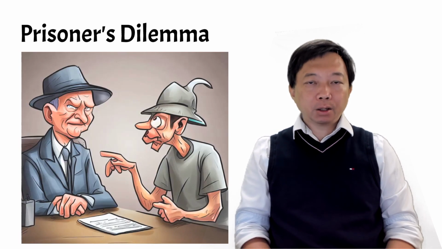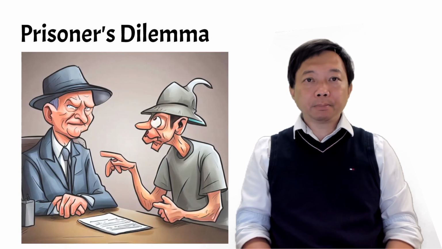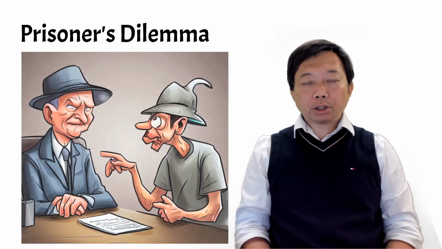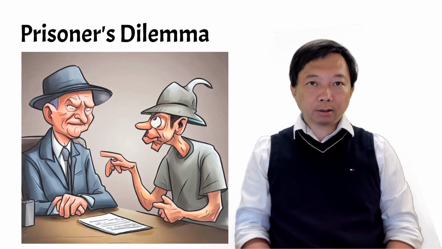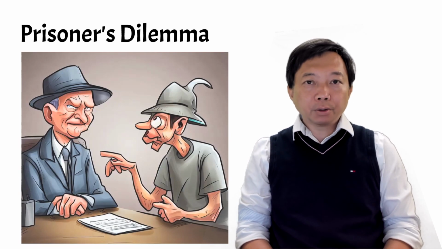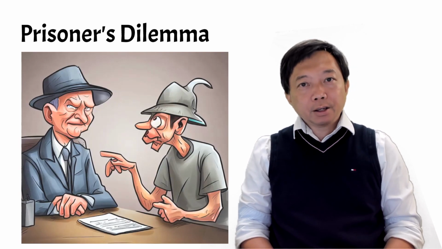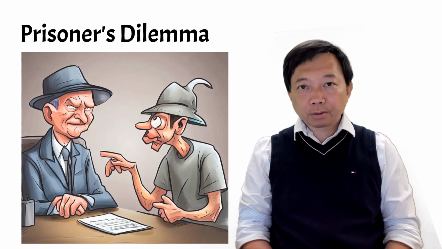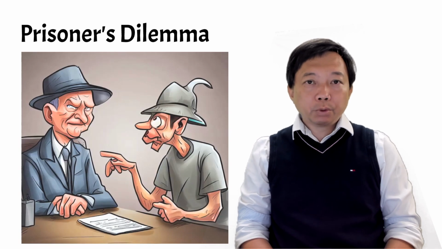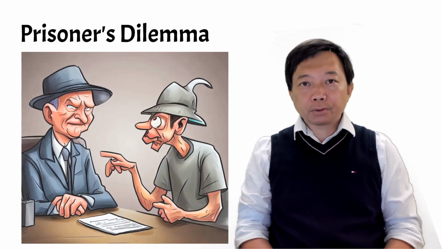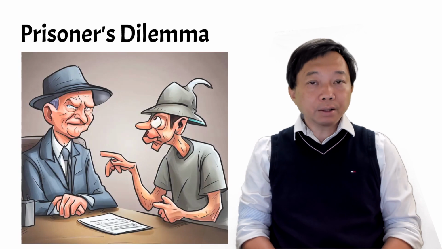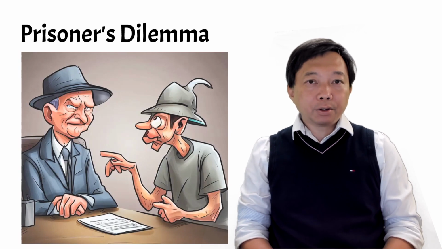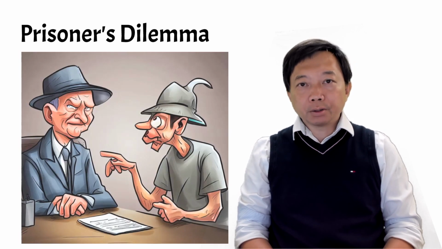The prosecutor wants to find a way to make them confess. The two suspects were separated. The prosecutor told the first suspect that if you confess, and the other suspect does not, as a reward, you will receive a reduced sentence and will be sentenced to 1 year, while your accomplice will be sentenced to 5 years.